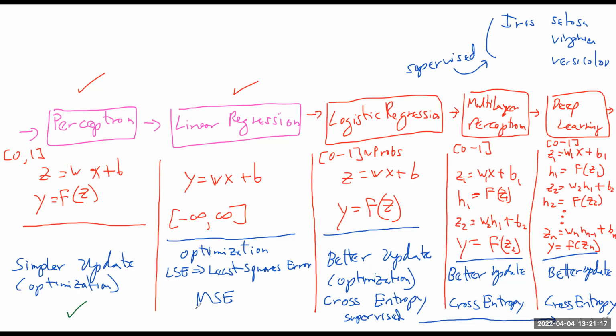We said that this is MSE, and for the rest of them it is cross-entropy. We're predicting probabilities that something is that class versus another class. So even though we have 5 things here, now we just have 2 loss functions.